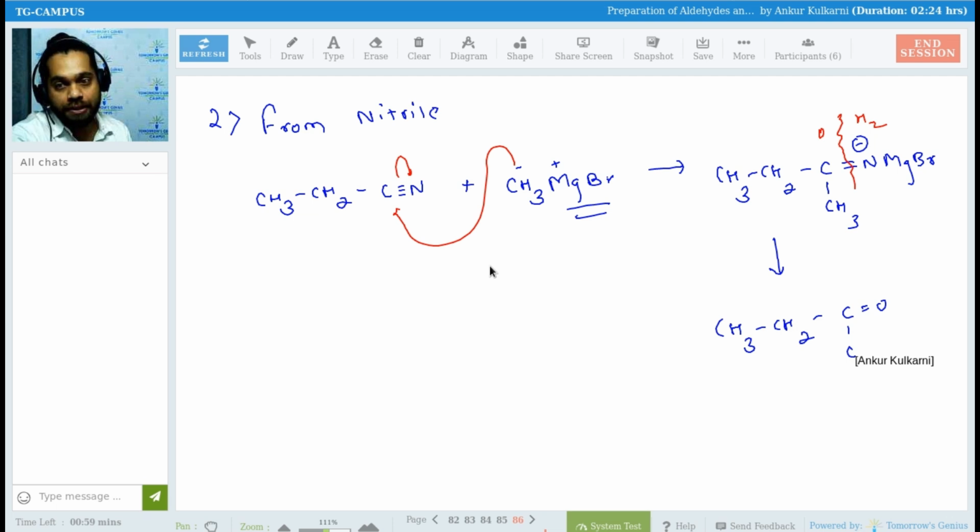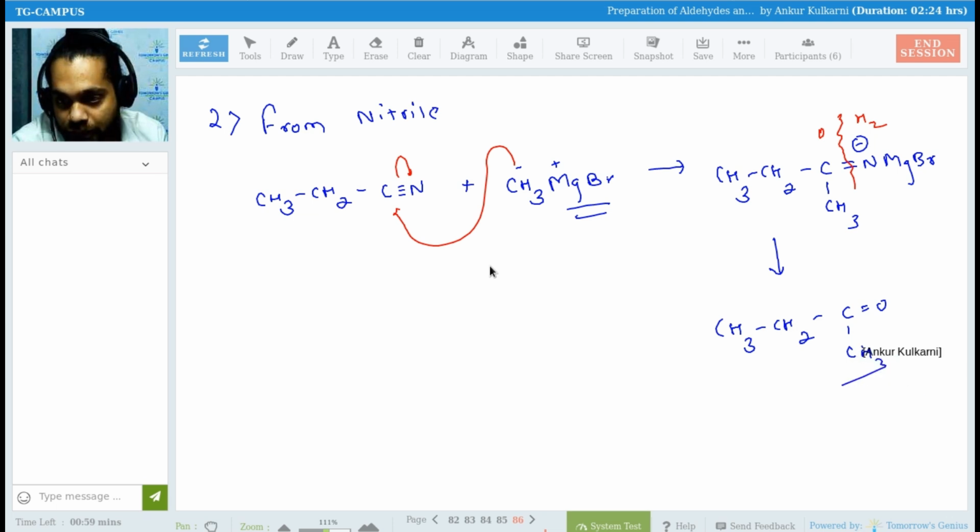Come on, Prashanti, Kevin, Sarjana, tell me the IUPAC name of this. Quickly in the chat box, what would be the IUPAC for this?